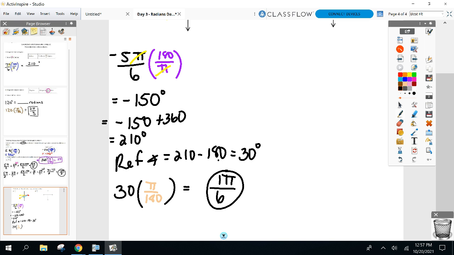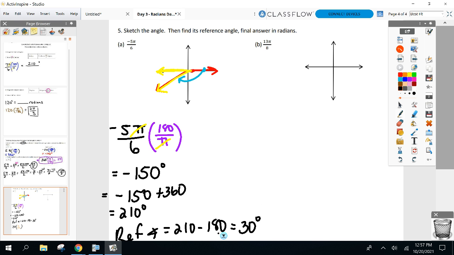Work in degrees, I don't care. Just make sure at the end it's in the right units, radians. You don't put 30 over 180 in your calculator, right? The less thinking, the better for you.